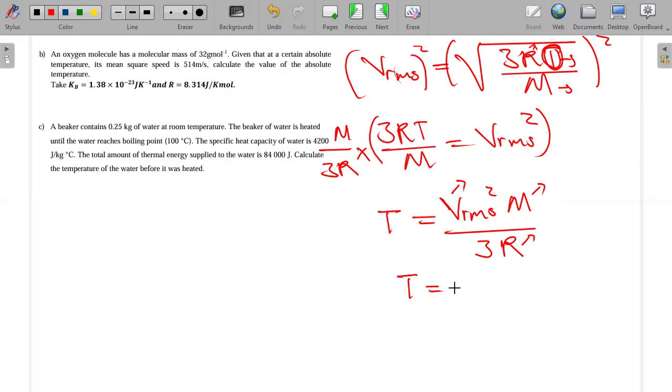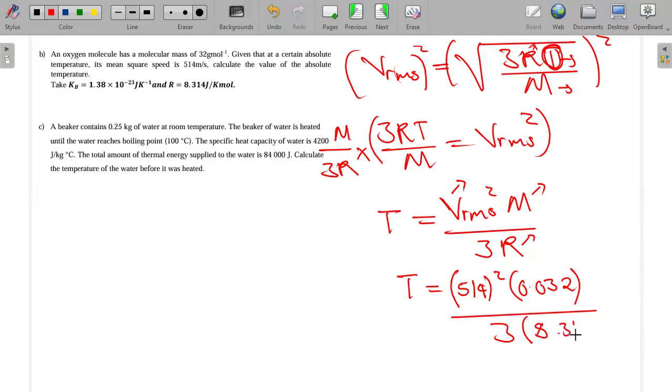My absolute temperature will be equal to 514 squared multiplied by the molar mass, which is 0.032, divided by 3 multiplied by the universal gas constant, which we have been given to be 8.314 joules per kilo mole.